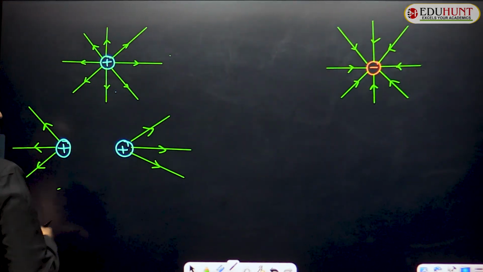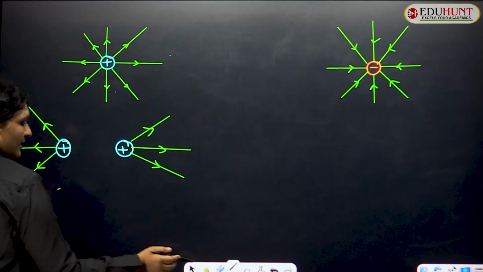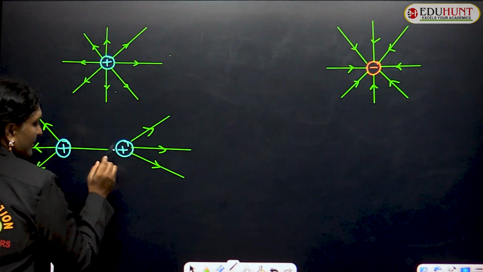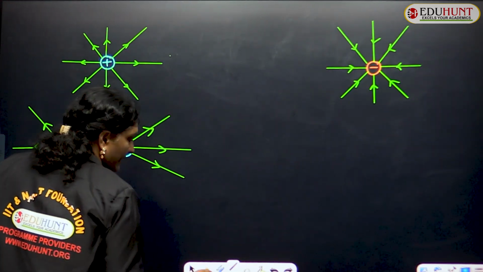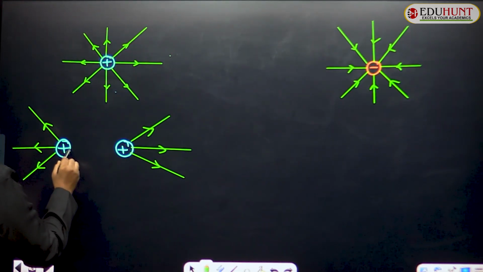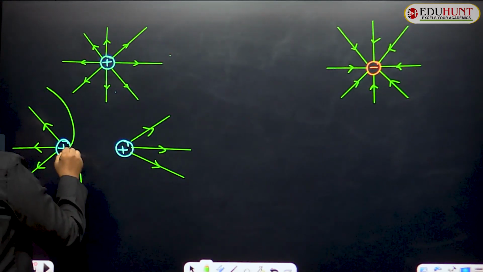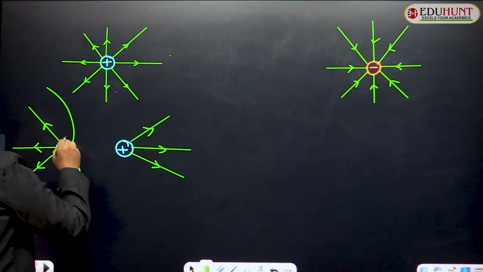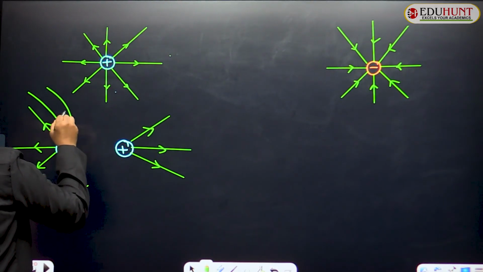Let us consider a few more lines, children. The other lines will not go something like this. They will repel. Instead of going that way, they will repel back and take a shape something like this. They move outward, okay. Even though they originate here, they move outward. So, this must be the direction.